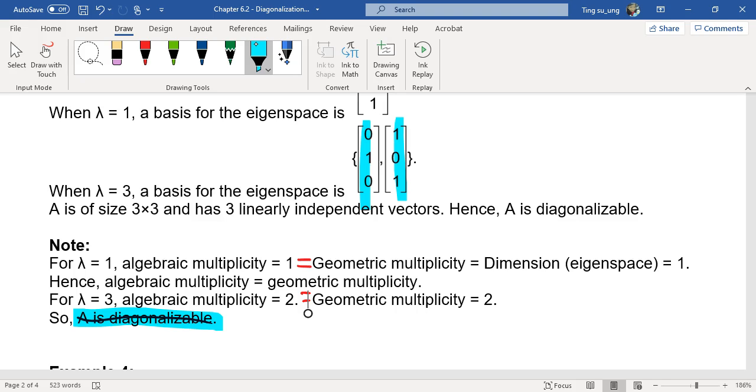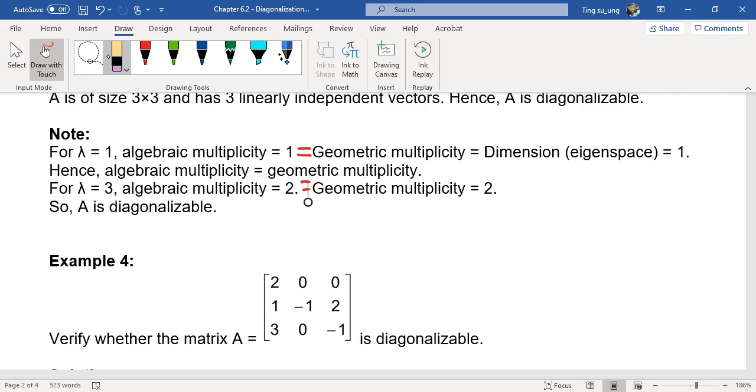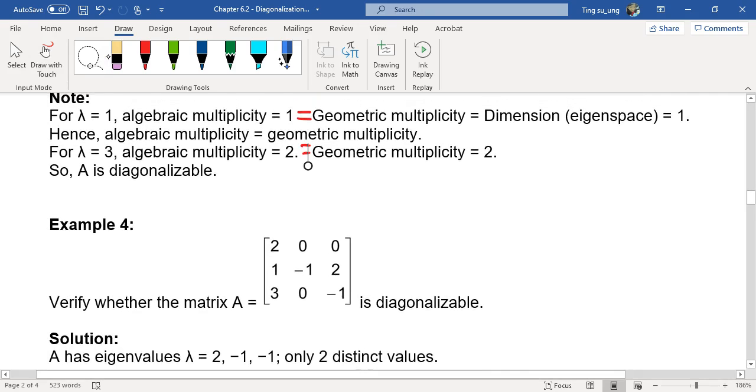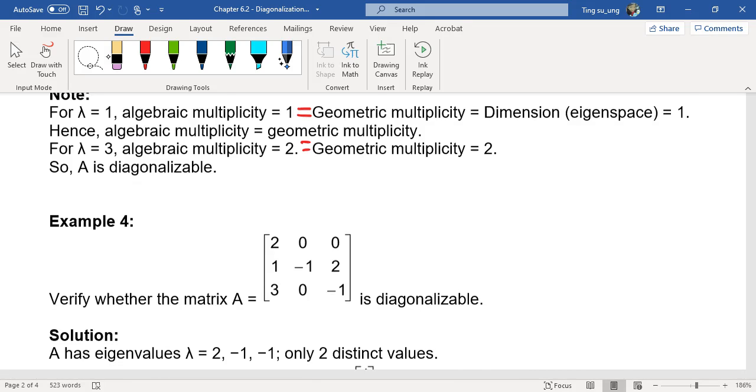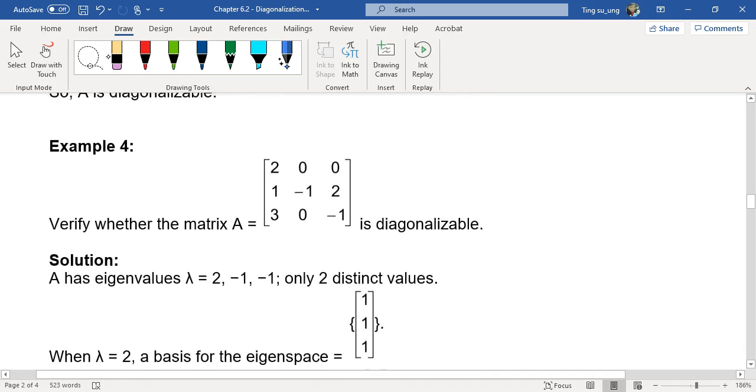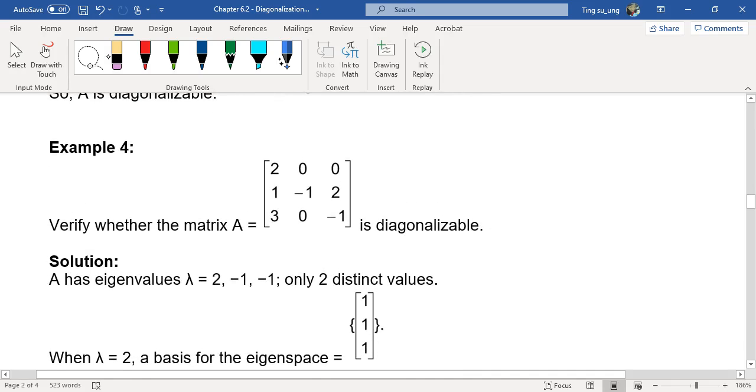Okay, you can look into example 4. Verify this. We assume that we have done everything, class. Let's say we already found your eigenvalues: 2, negative 1, negative 1. So how many distinct values here? 2, right? You have 2 different eigenvalues. We already know that when lambda equals 2, your eigenspace is this.